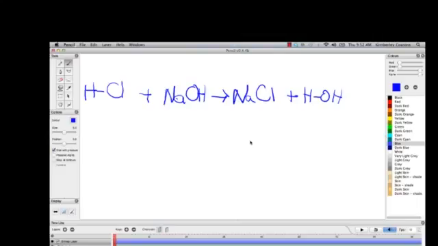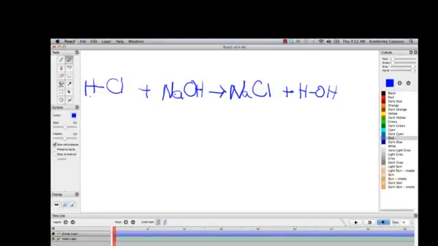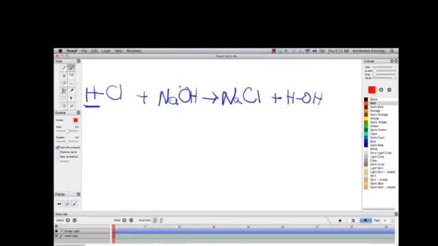Okay, so let's take one of our classic acid-base reactions from general chemistry and analyze it energetically. First off, we have HCl. We call it a proton donor, but you can think of the H+ as an electron pair acceptor, a Lewis acid. And then we have NaOH, whose one lone pair of electrons is going to be the electron pair donor, the Lewis base. And in this reaction, the Lewis base reaches out, grabs onto the H+, so it donates a pair of electrons to make a new bond between H and OH, right there. Meanwhile, the HCl bond breaks, giving a pair of electrons to the chlorine.